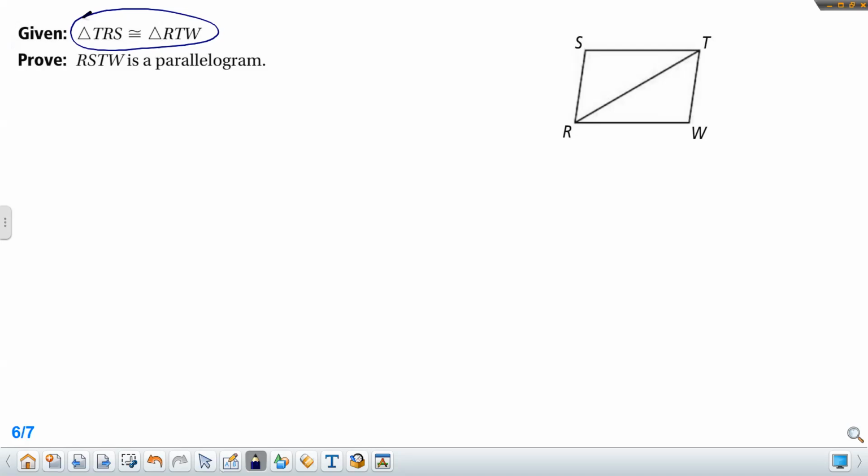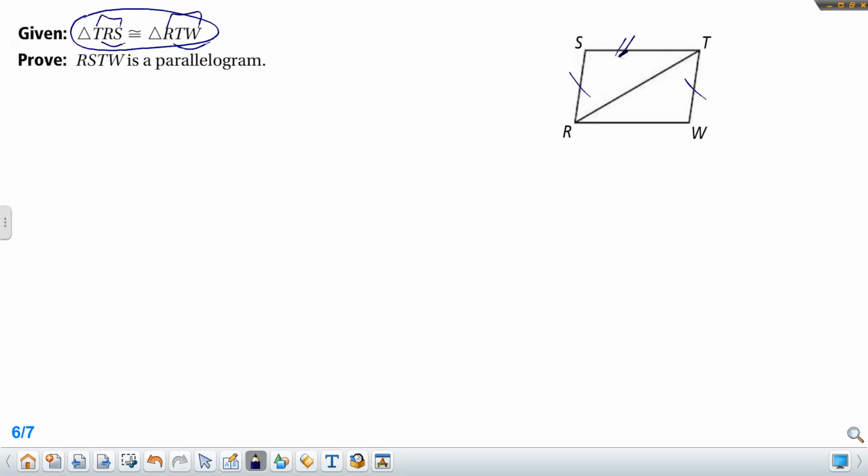How? First, consider the two triangles TRS and RTW. If TRS is congruent to RTW, we can say RS equals TW, and TS equals RW.